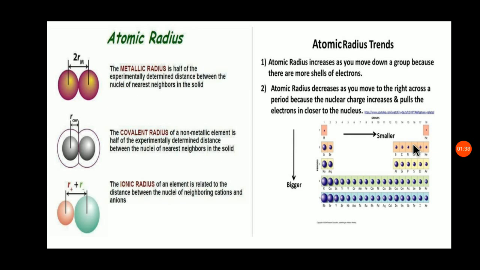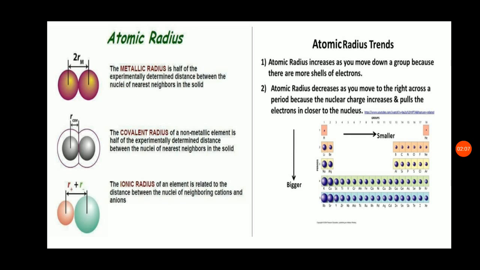Atomic radius or ionic radius is generally defined as the distance between the center of the nucleus and the outermost shell of electrons in an atom or ion. Atomic radius is referred to as covalent radius, metallic radius or ionic radius.